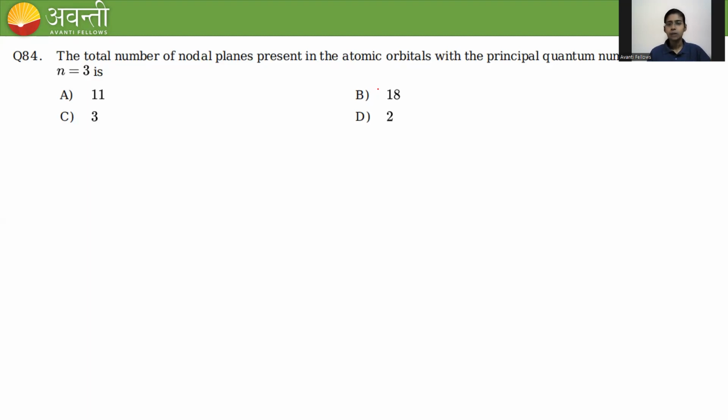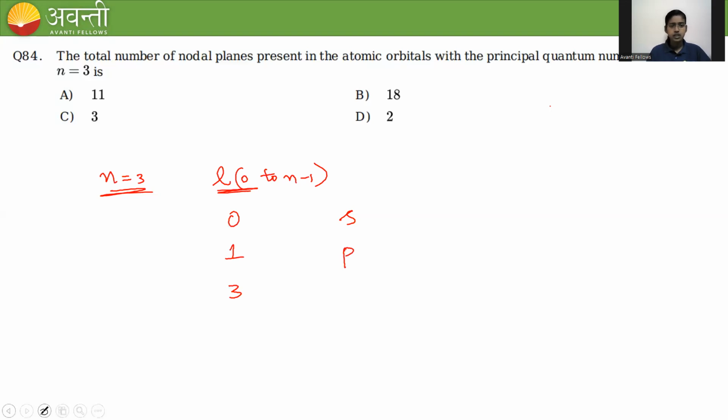Then coming to question number 84. The total number of nodal planes present in the atomic orbitals with the principal quantum number n equal to 3. Now for n equal to 3, l can have values from 0 to n minus 1, right? So 0, 1 and 2. 0 denotes the s orbital and 1 denotes the p orbital.